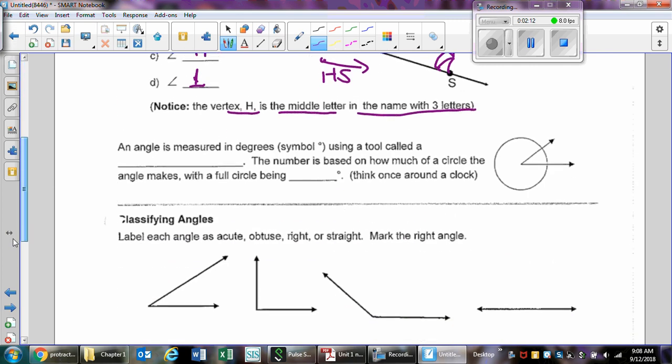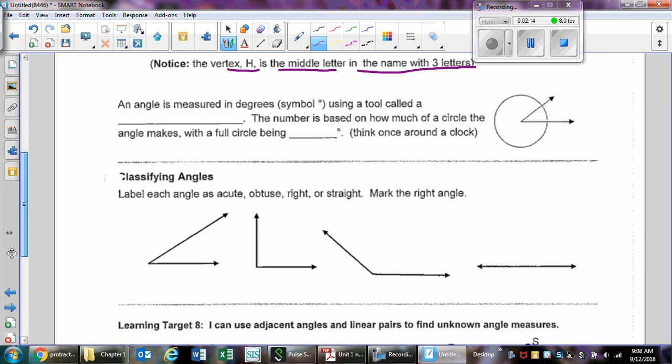When it comes to an angle, it is measured in degrees, using the tool called a protractor, you guys know that, right? The number is based on how much of the circle the angle marks, with the full circle being 360.